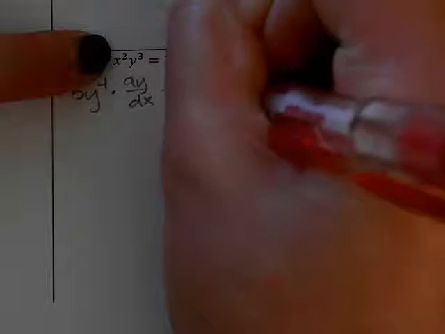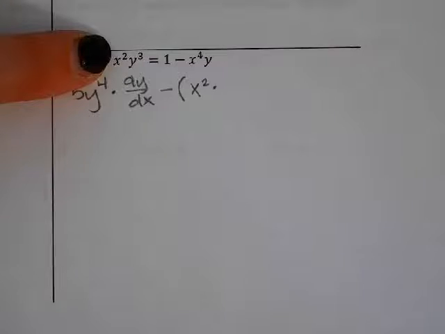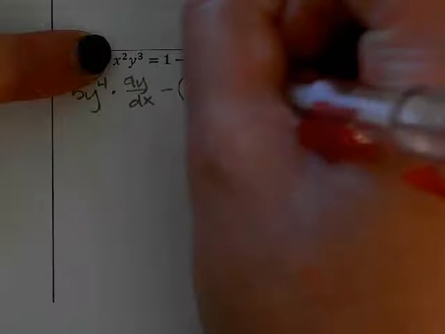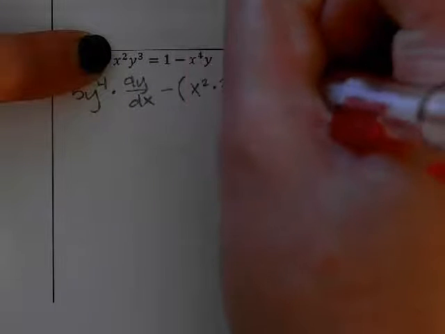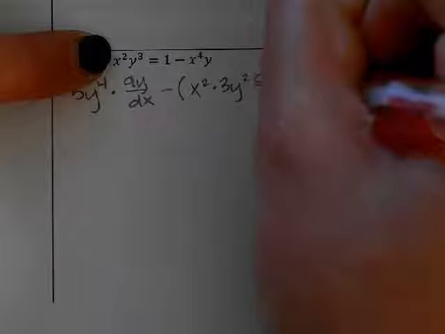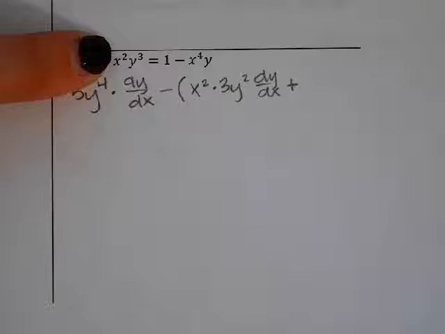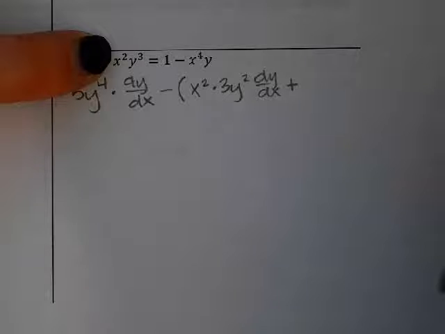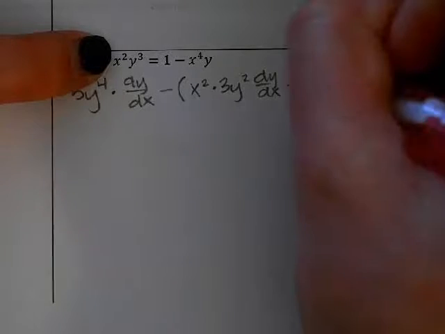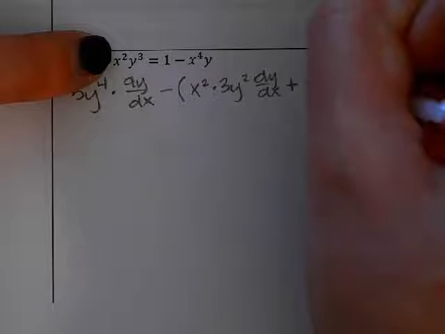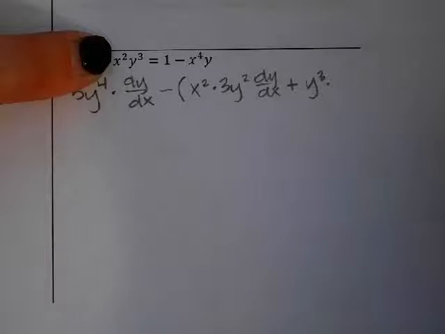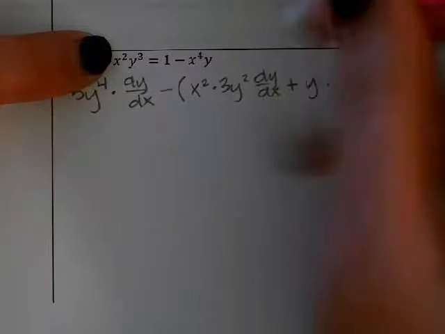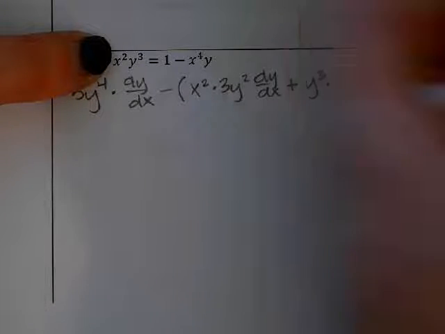Okay, so x squared times 3y squared dy dx, okay, plus y to the 3rd times 2x, okay?